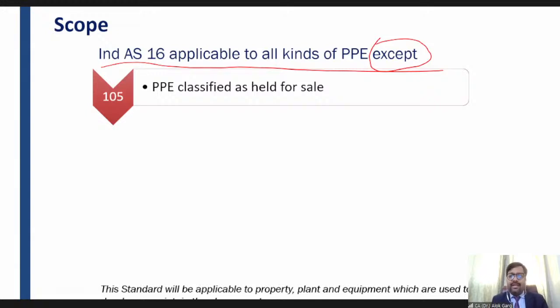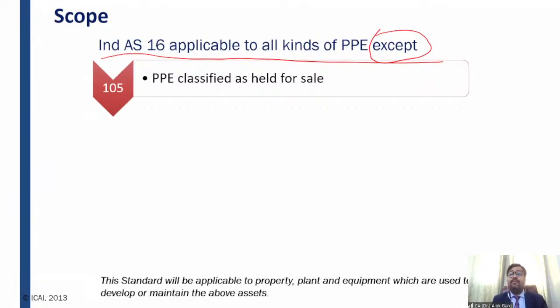So when you read Ind AS 105, it says that if there is a non-current asset, for example, property, plant and equipment, and if that property, plant and equipment is held for sale, so Infosys has a car, Infosys has a building, and these are property, plant and equipment. If Infosys wants to sell this car, or wants to sell its building, in that case it will be classified as held for sale.